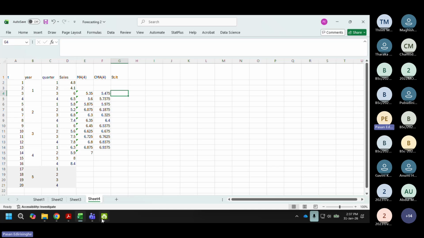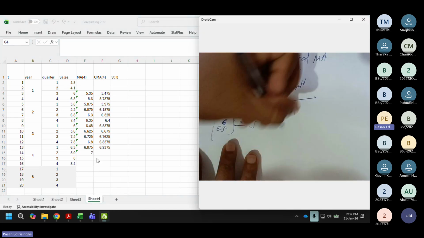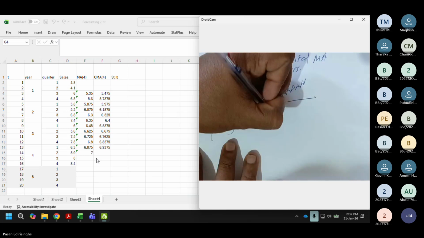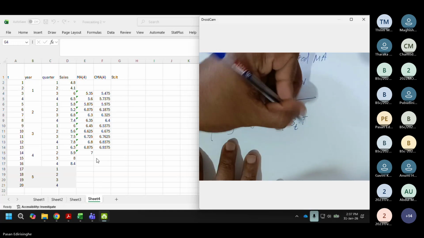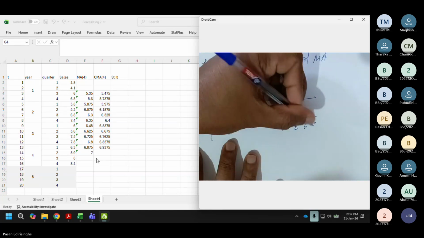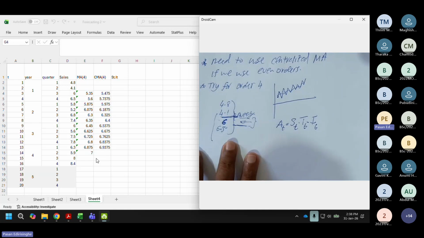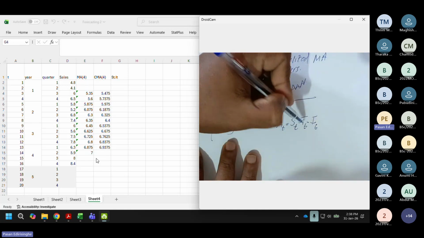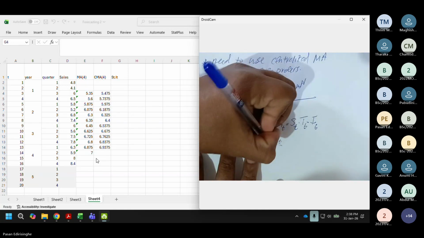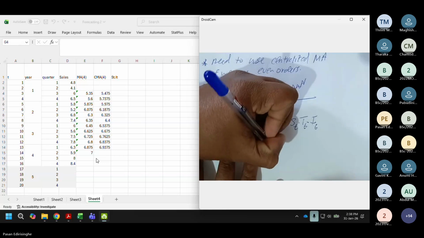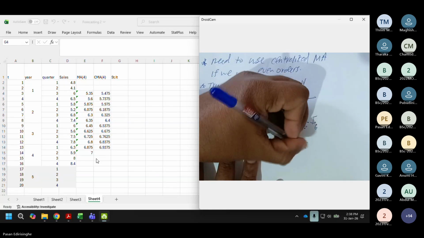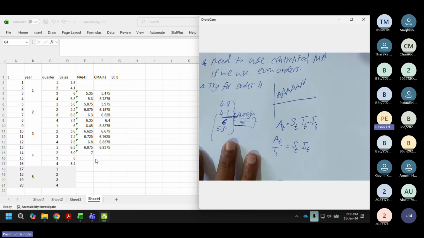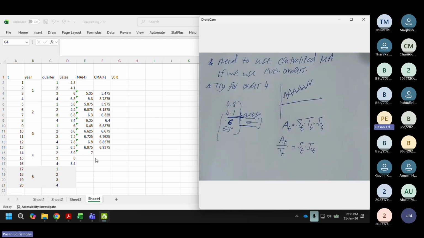Since we are applying the multiplicative method, I define that like that. If you divide by this one, you can define some trend like that.